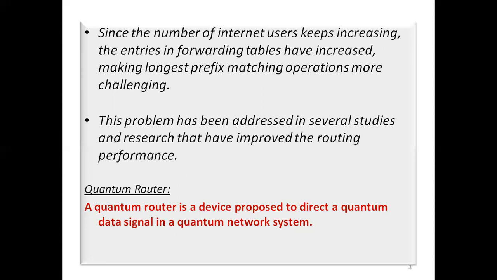Now we have this concept of a quantum router, using quantum principles from quantum mechanics, like entanglement and superposition. It holds a promise of improving our current technology. In that sense, we have the quantum router as a quantum analog to the classical router. It's a device that is proposed to direct quantum information, the quantum data signal, in a quantum network system.